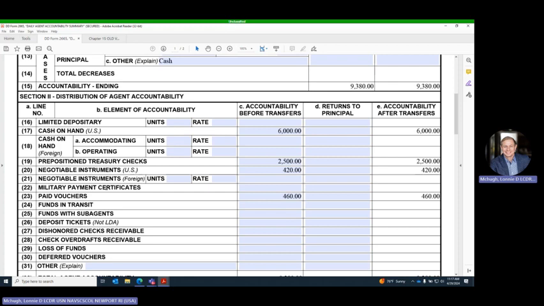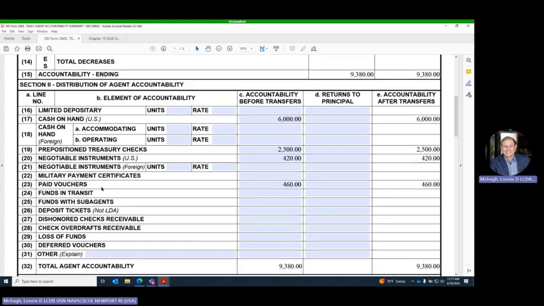We don't use block 22. 23 we covered. That is a paid voucher, so something that would go along with SF 1034, a vouchered payment. Line 24, funds in transit, is not used by the Department of Defense anymore.